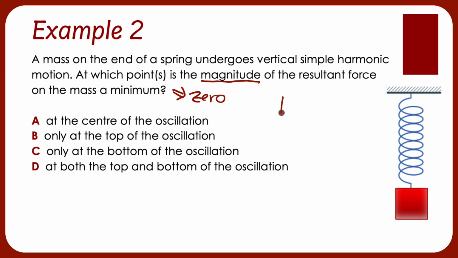If you recall, force is proportional to negative x if we have simple harmonic motion. So that means I'm going to have my force equal to 0 when x equals 0. And that's going to be at the center of the oscillation. My answer is A.